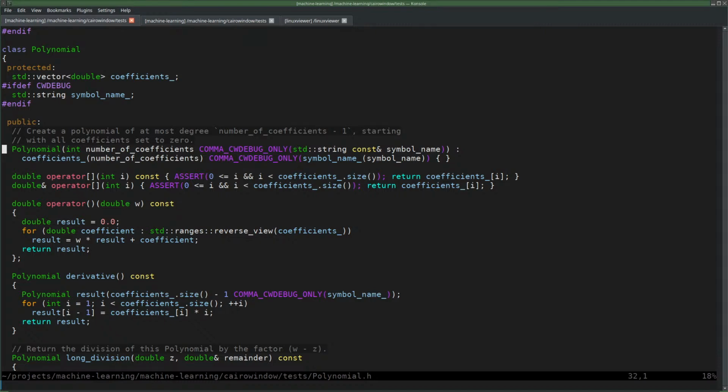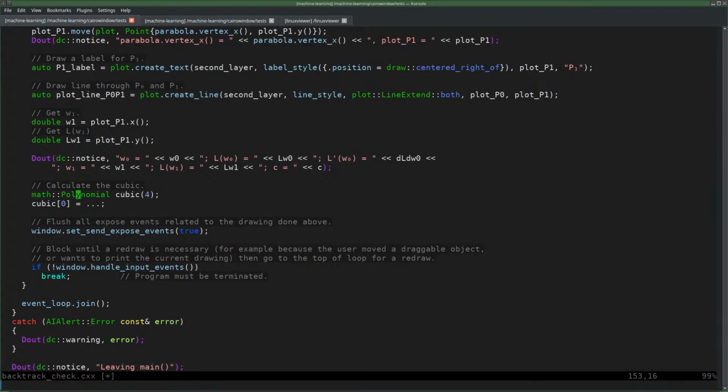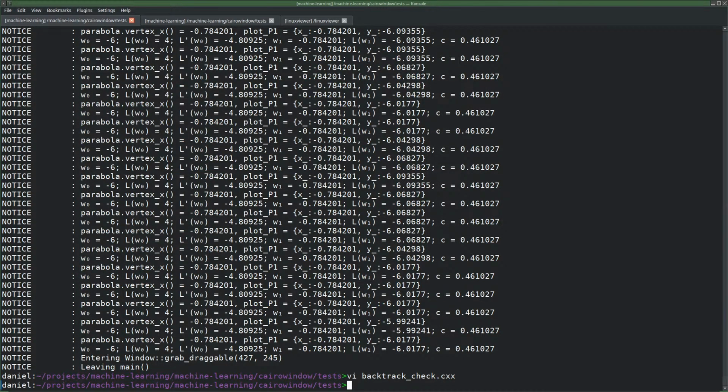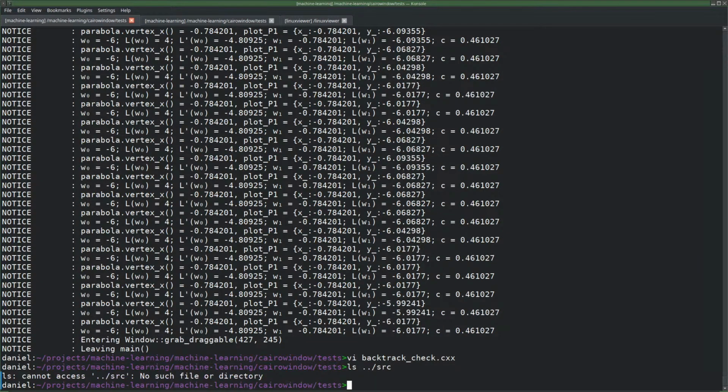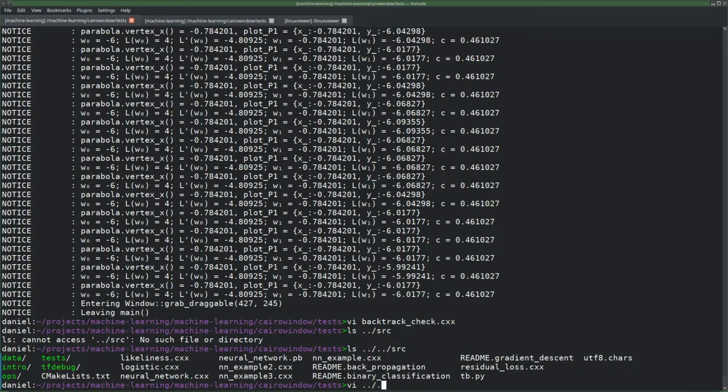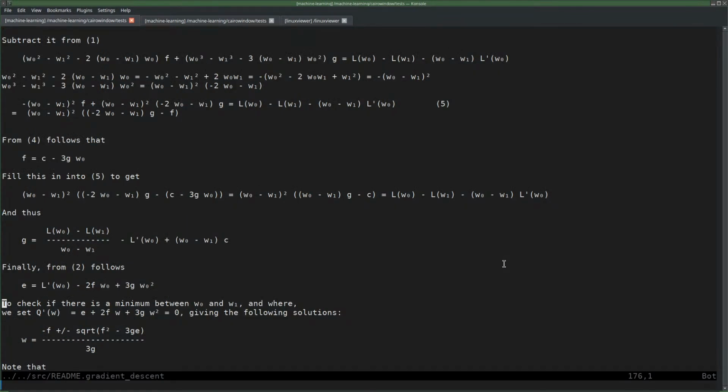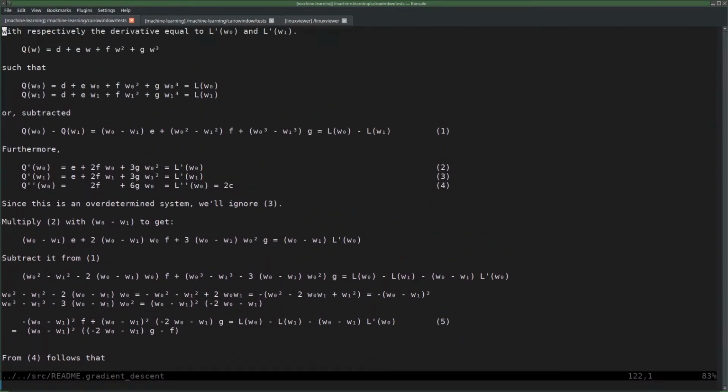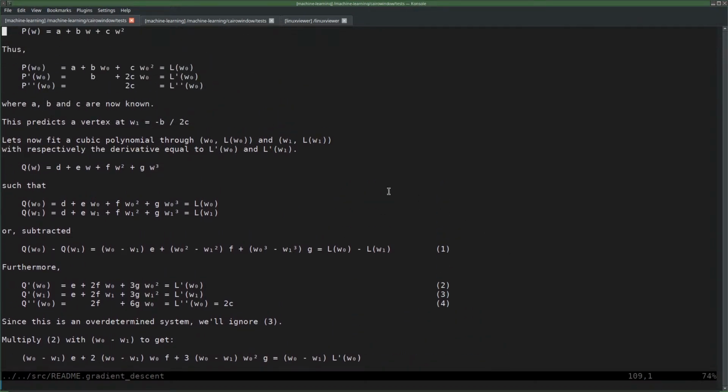I already did the math, fortunately for you. The cubic is defined like this here.